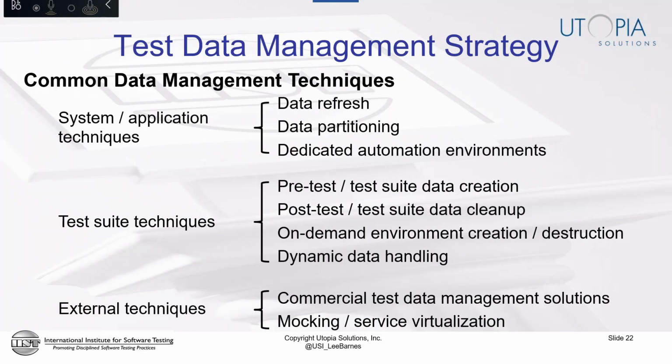So let's talk about some things we can do at the test suite level that may lend themselves a little bit better. First, we can have our tests create the data they need prior to execution. Again, this is often created with data partitioning to further lessen the chance of data-related issues. For example, a test might create some inventory, but the SKU and the inventory location are designated for a specific automated test only.